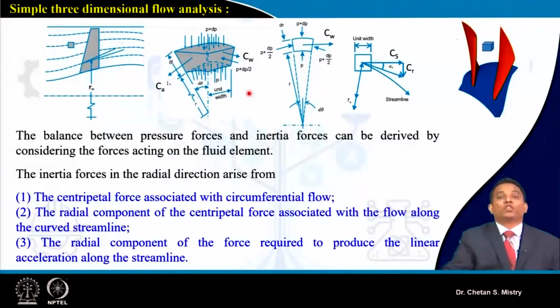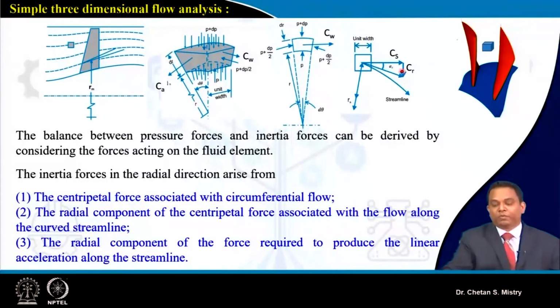Okay. Now, what we need to understand here is that all the flow happening is because of the balance of my forces. So here we have two forces acting on this element. One is my pressure force, and second is my inertia force. So where does this inertia force come from? It is the centripetal force associated with the circumferential flow.